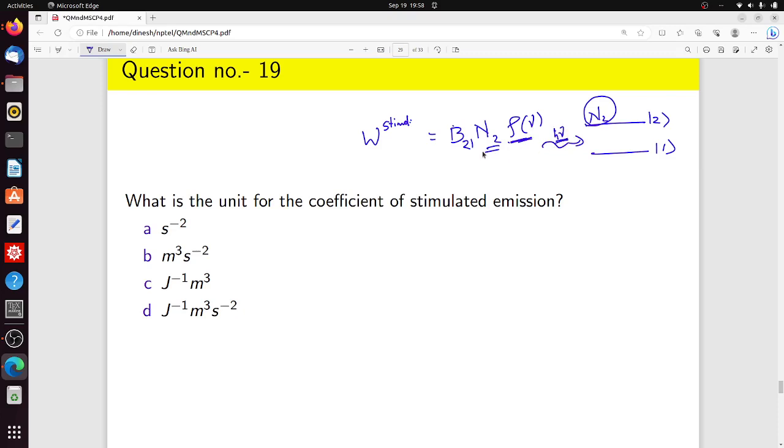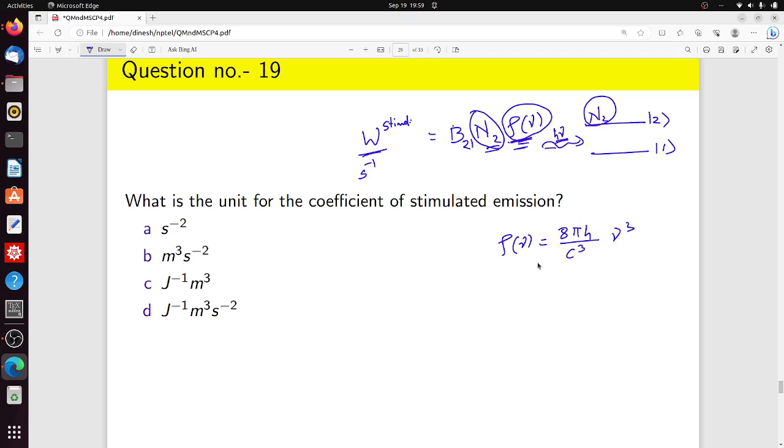Here N2 is dimensionless, B21 is what we want, and the radiation density you can get from Planck's radiation formula, 8 h over c cubed, times nu cubed.